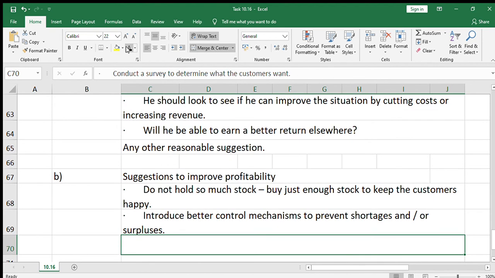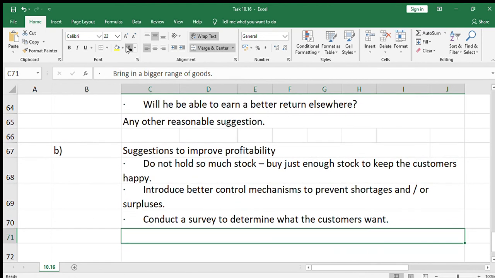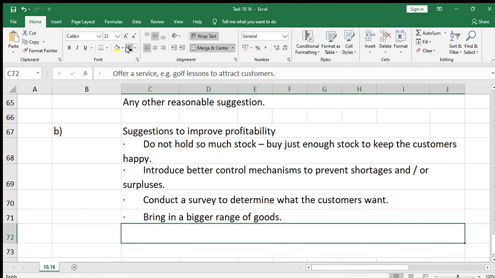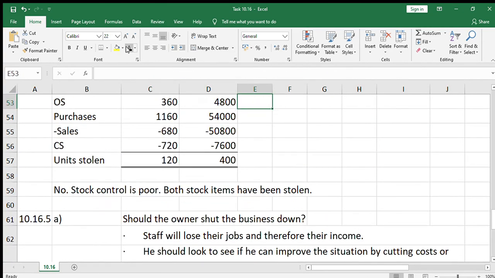Okay, so what I was telling you about earlier was about security cameras, etc. And conduct a survey to determine what the customers want. To bring in a bigger range of goods, like maybe start selling other things like clothes, golf clothes, etc. Offer a service, maybe you should offer some golf lessons to attract the customers, and then any other suggestion as well. Okay, that's all for this question.